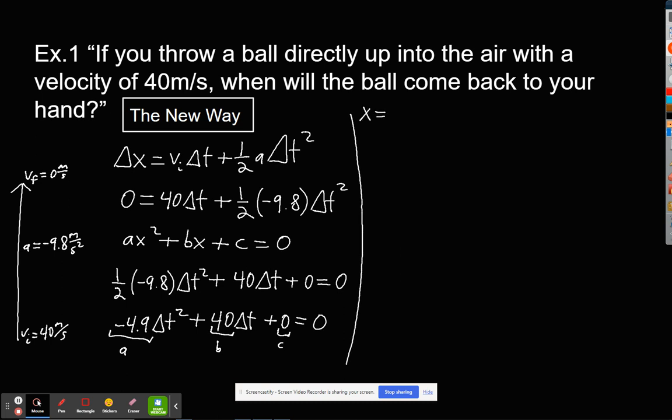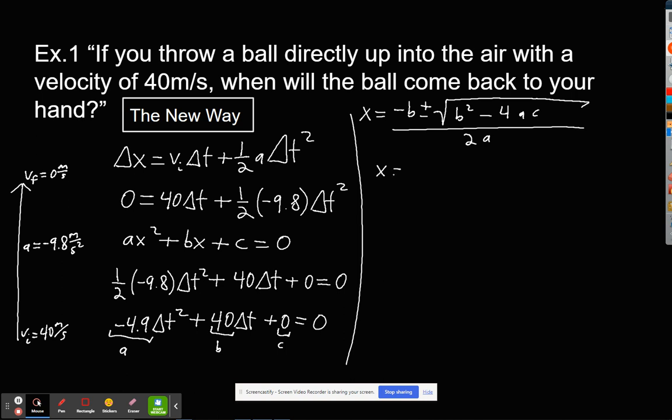x is equal to negative b plus or minus square root of b squared minus 4ac, all over 2a.